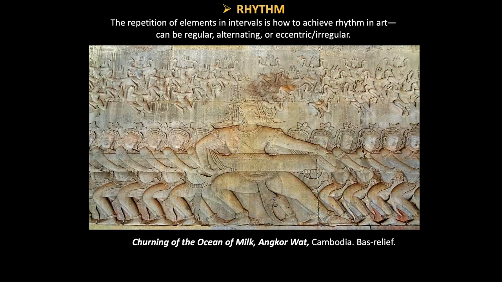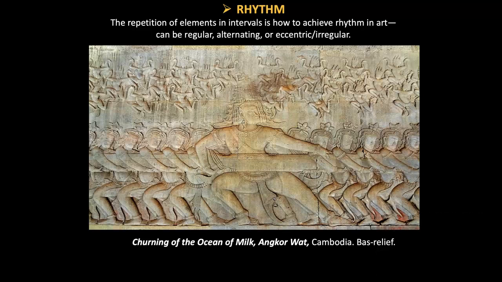So the example I'm using is called Churning of the Ocean of Milk, Angkor Wat. It's an example of the art of Cambodia. It is a bas-relief or a sculptural relief.